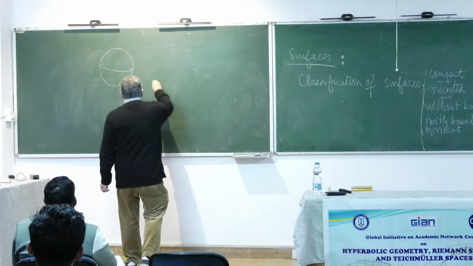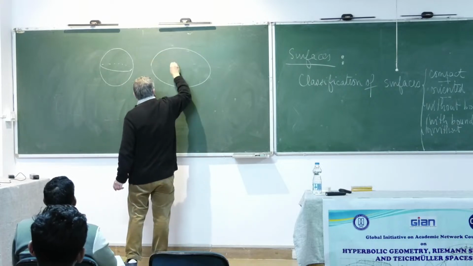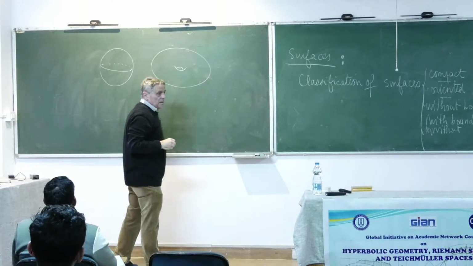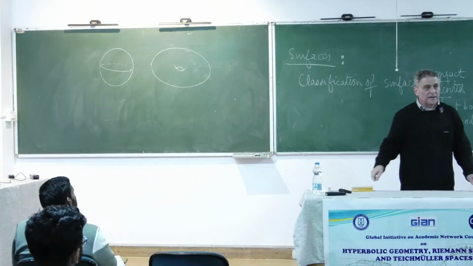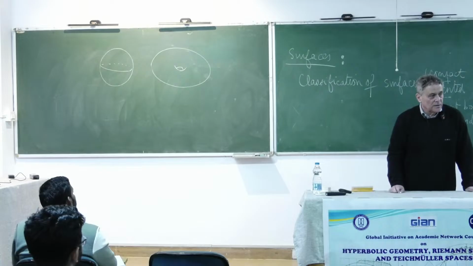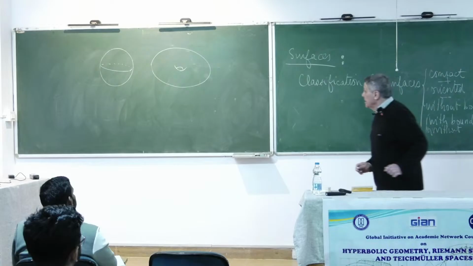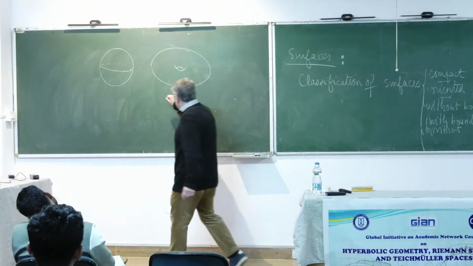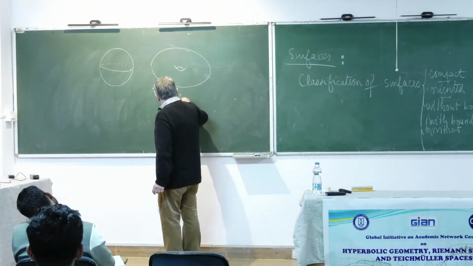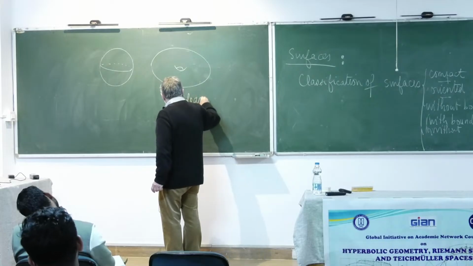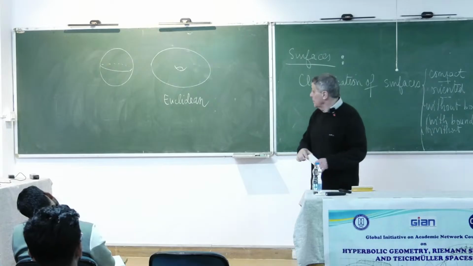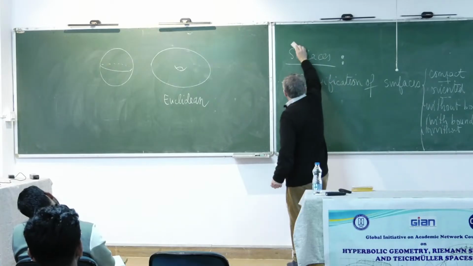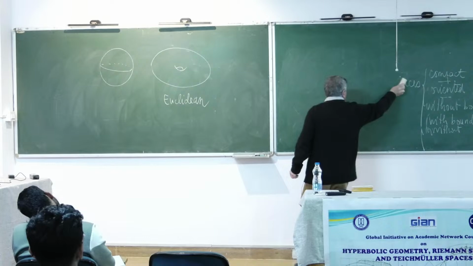Now on the torus, does somebody know what kind of metric I can put? Yes, I can put a Euclidean metric. This is also something you should know. If not, I want you to learn.